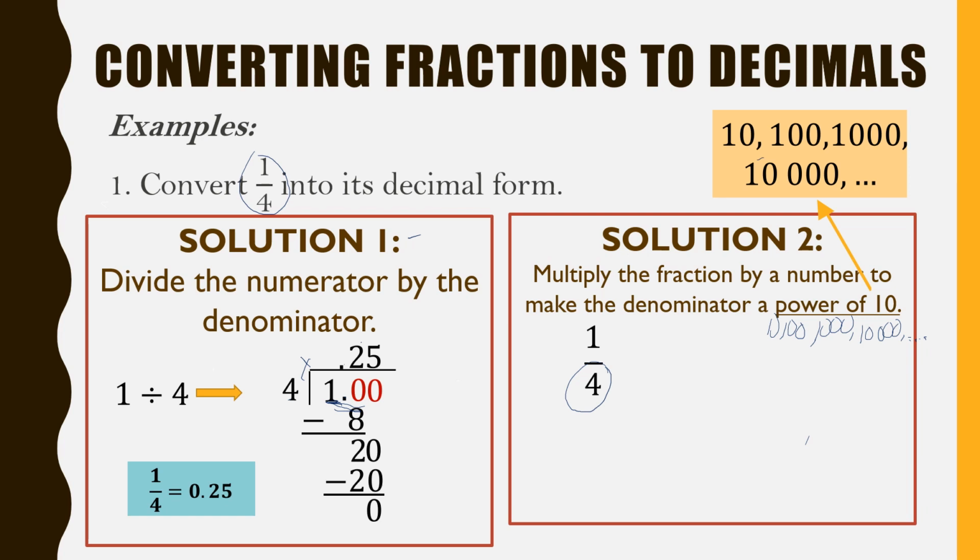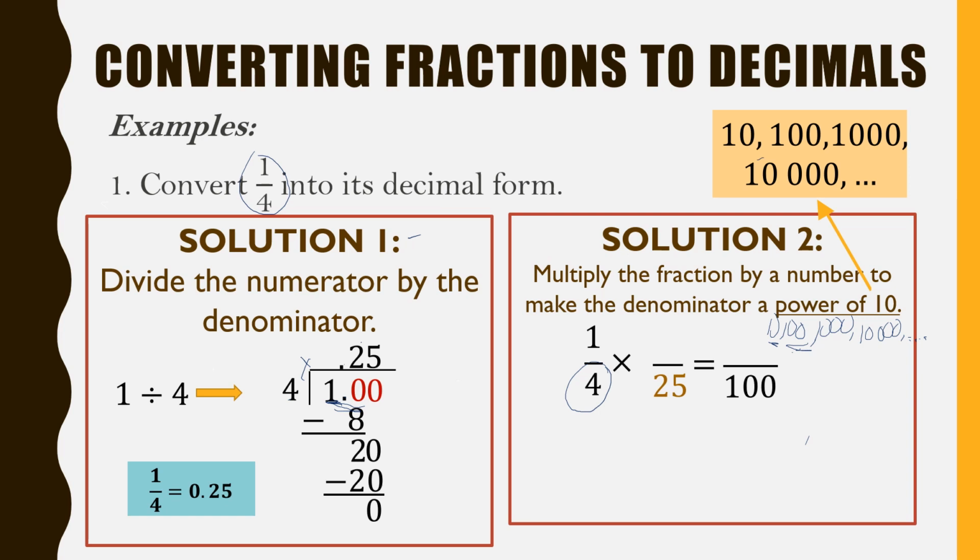Of course, we cannot have 10. Okay, because when we multiply 4 by 2, the result is already 8. So let's try 100. Is there a number that we could multiply with 4 to get 100? That's right. We can multiply the denominator by 25.